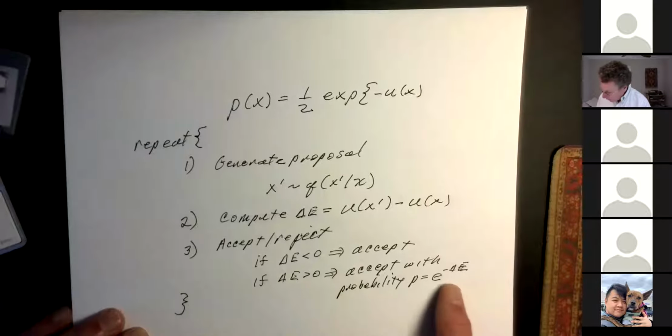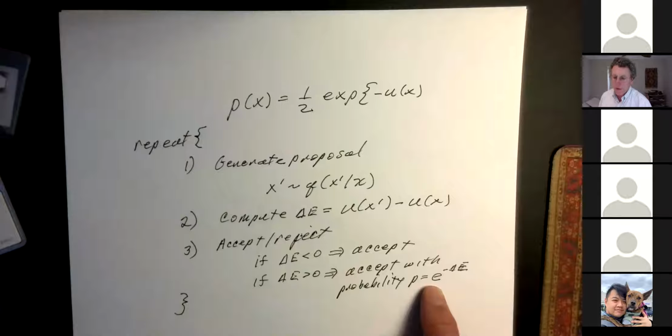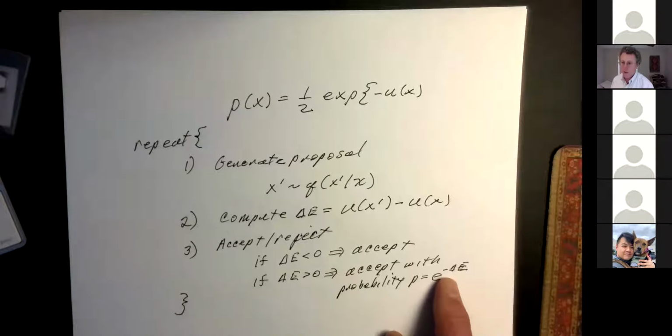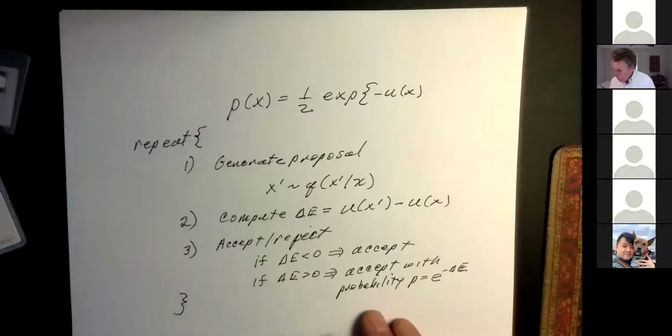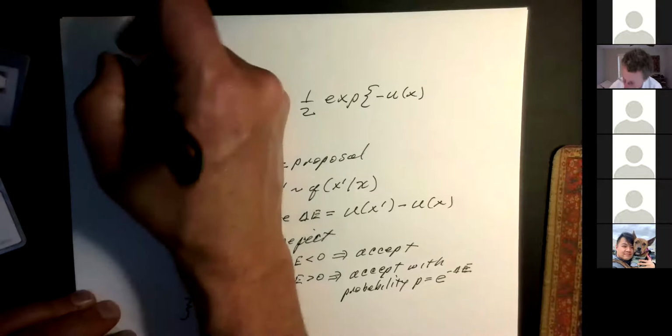As delta E gets larger, the probability of accepting gets smaller. So you'll mostly reject if delta E is very large. Now there's an additional constraint, one more thing.